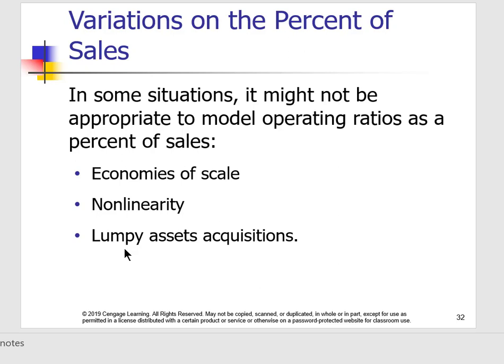Sometimes assets are referred to as lumpy, right? You can't buy them in a graduated kind of scale. You either buy 100 million or you buy 200 million. There's no scale in between that's possible. Maybe there's some economies of scale. Maybe there's some non-linearity, where we just don't have a straight line relationship.